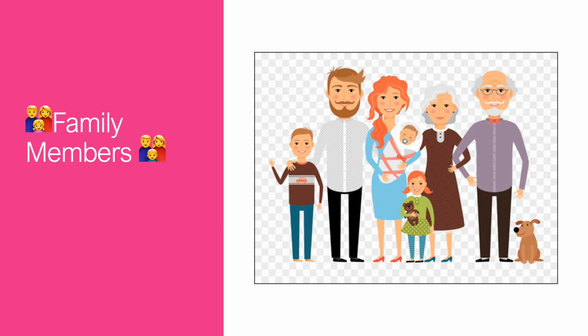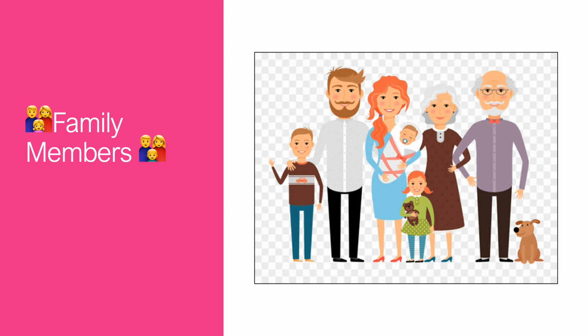Okay, now in this picture we can see family members. In this family we have, can you name some of the words that we can use for family members? Yes, very good.